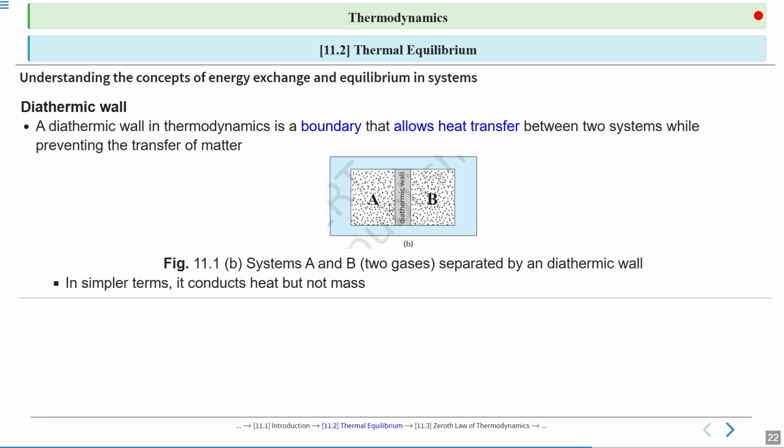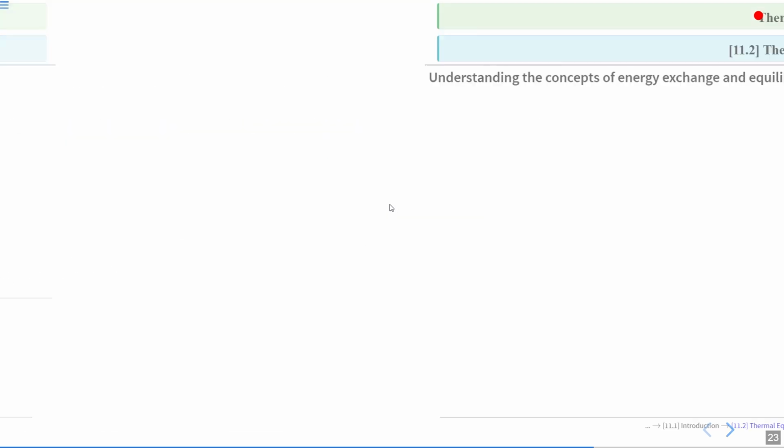In simple terms, it conducts heat but not mass. So between system A and system B, due to the diathermic wall, there is only an exchange of heat, no exchange of mass. So we can say a diathermic wall allows heat transfer only, not mass.